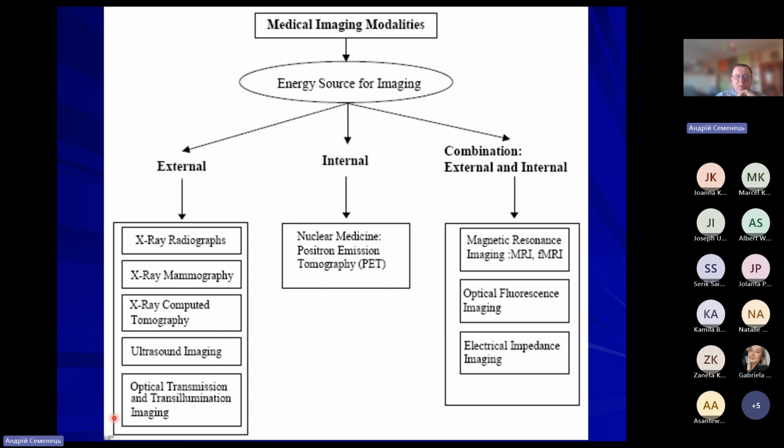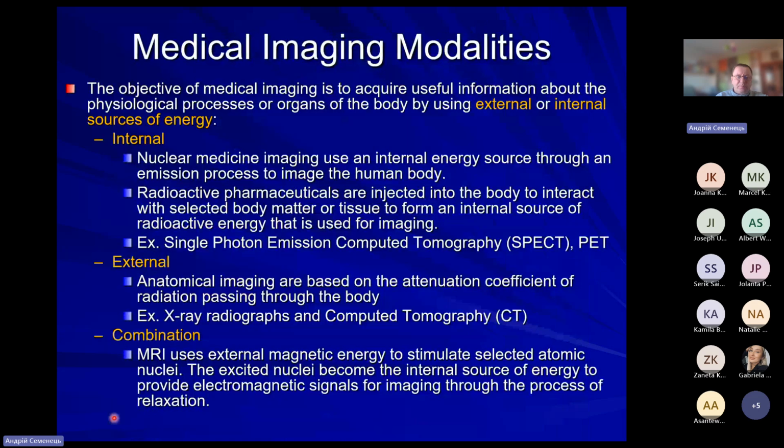When we talk about nuclear medicine, that's only a very specific solution, like positron emission tomography, listed under this category, and various combinations like fluorescence imaging, impedance imaging, and MIB, which combines internal and external sources.